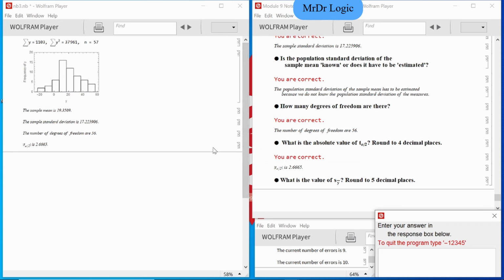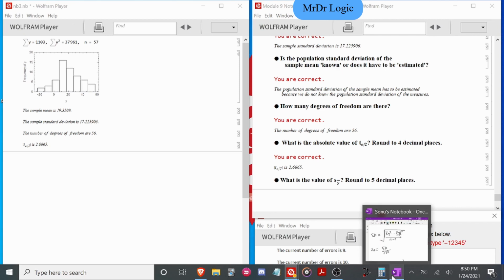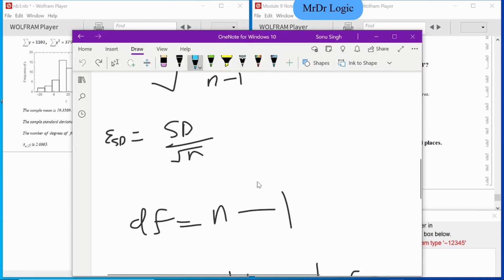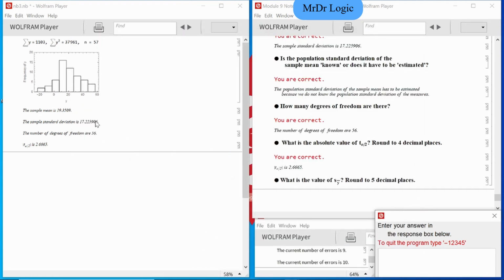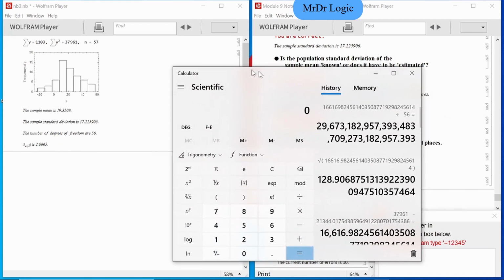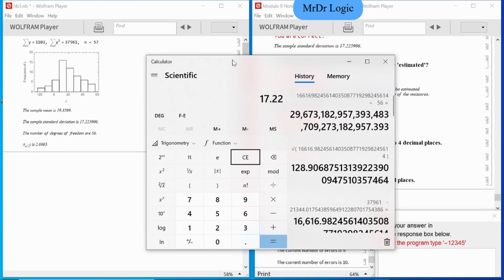Wait, no. Wait. I hope this is what this means, because otherwise it would make no sense. Okay, so we're gonna take sample 1.22509 divided by square root bracket 57, not 56, 57 square root.